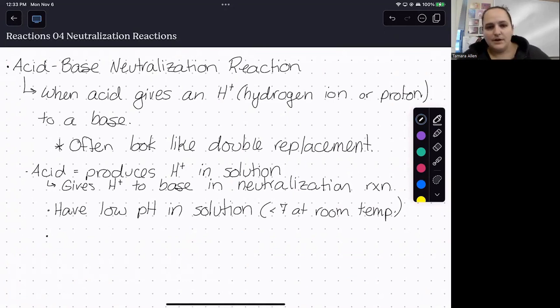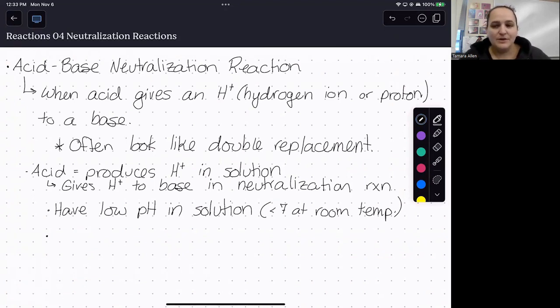So you've probably heard of pH as a way that we measure how acidic or basic a solution is. Low pHs are acidic solutions, high pHs are basic solutions. So these are some general properties of acids, but how do we look at a formula or a chemical and know that it is an acid?